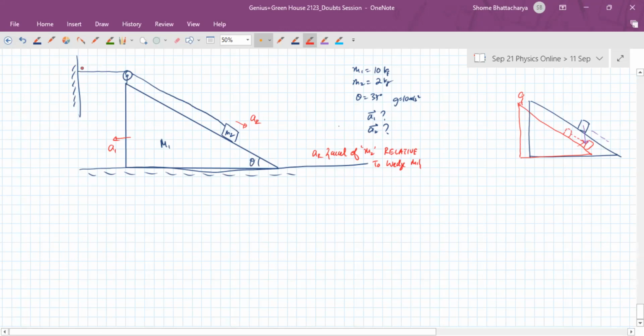Now the other thing is the constraint relation. Before that, let's mark out all the forces. Tension, then there will be an interactive normal reaction like this, an equal and opposite action-reaction pair, and of course apart from this there are the weights. Now the constraint relation: see what is happening in this original diagram.